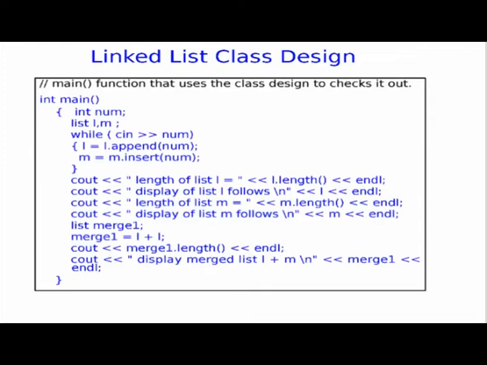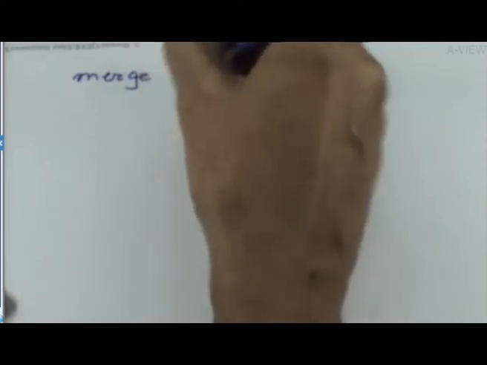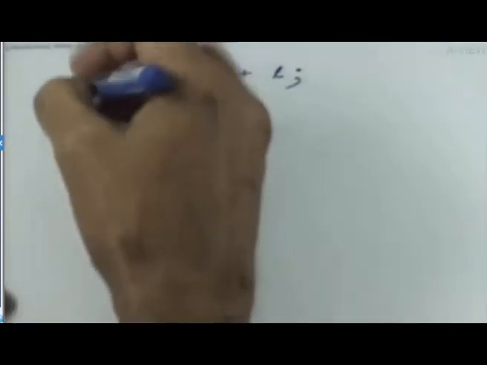Question from Bharti: what is the effect of merge equal to L plus L? Okay, so this I can explain by just drawing a simple diagram. The statement was something like merge equal to L plus L. It was not 1 plus 1, remember, it is L plus L. What does it mean? Now I'll draw.